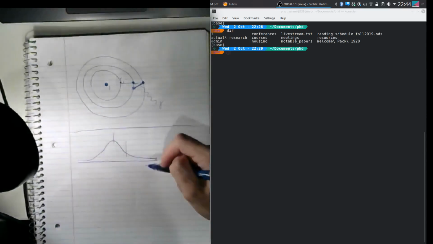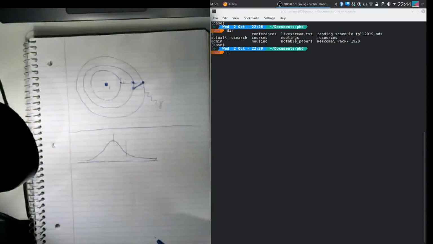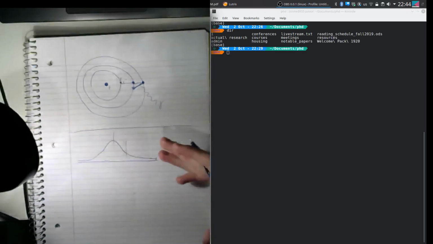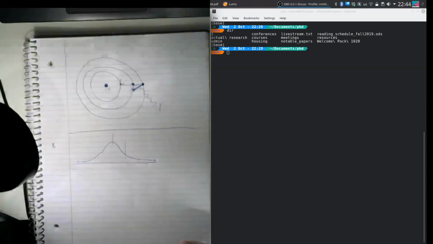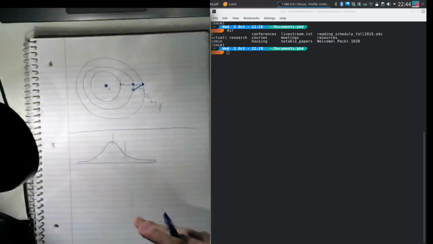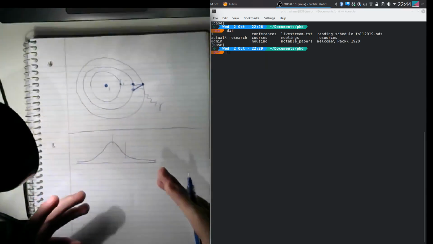This idea of a probability distribution says that when you look at a lot of electrons that have been prepared in the same way, you're repeating some experiment, or maybe a better example is sending a lot of light through some diffraction grating.